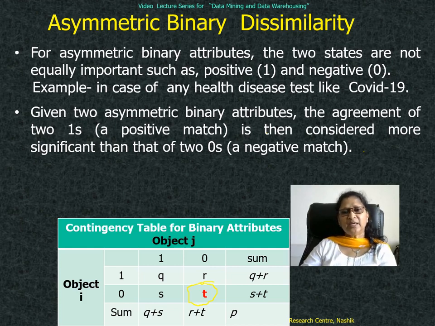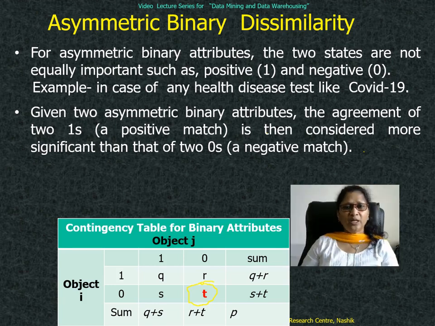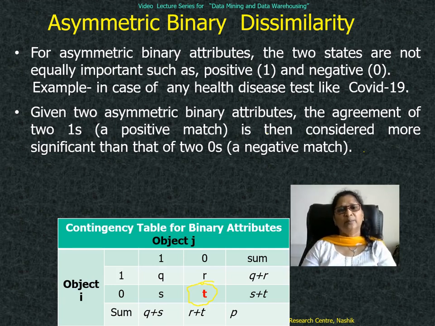And for these asymmetric binary attributes, we are not giving equal importance when both of them are negative and both of them are positive. Rather, we look for all such attributes where both of them are having a positive test. We are not looking for such attributes where both of them are having a test as negative.